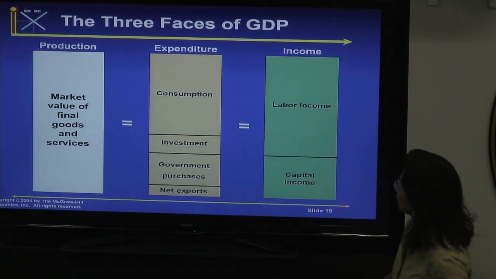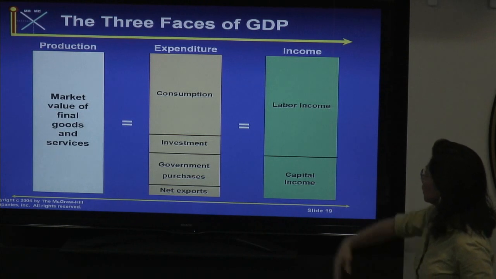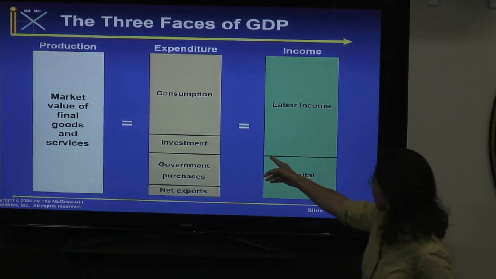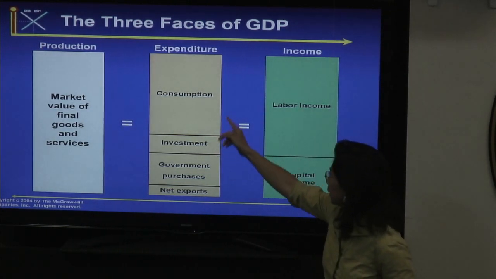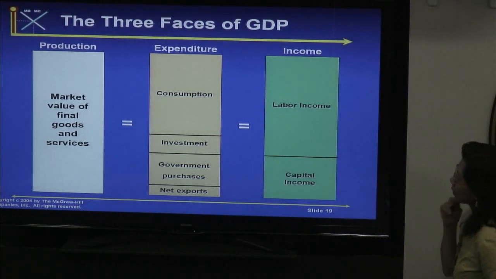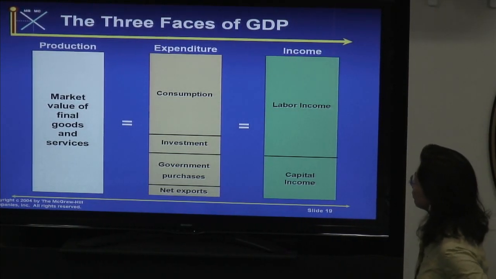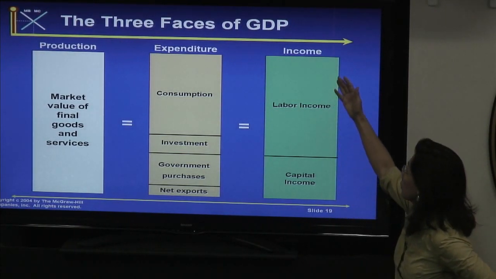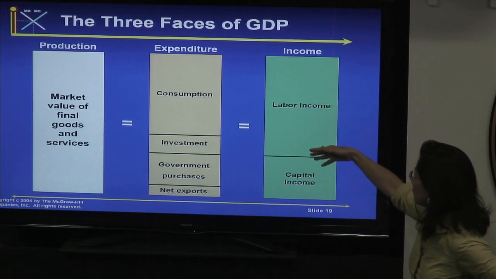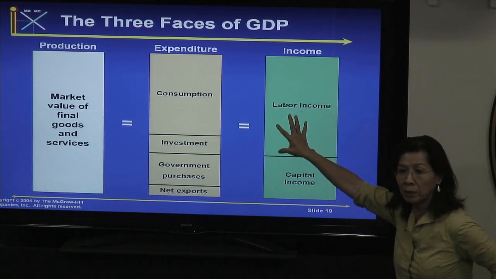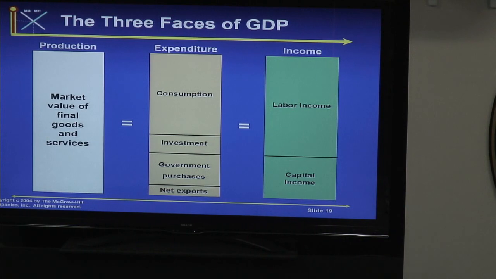I want to say about 60%, maybe 65%. Labor income has to be less than 75%, so roughly about 65, maybe 60. In the income method, 75% goes to labor income and 25% goes to capital income.